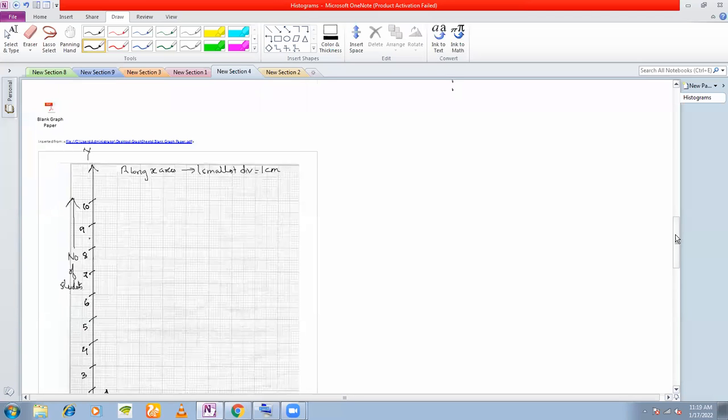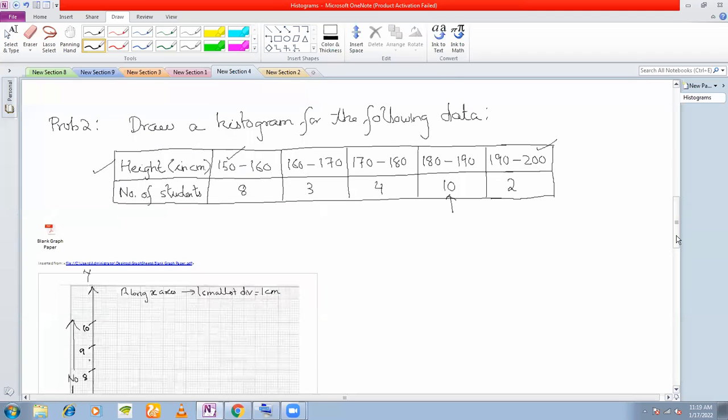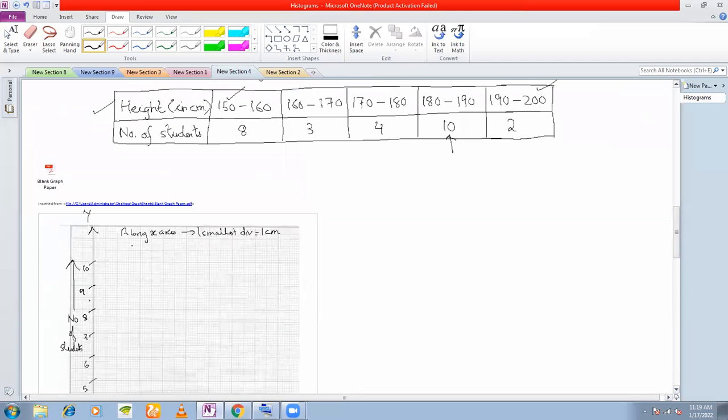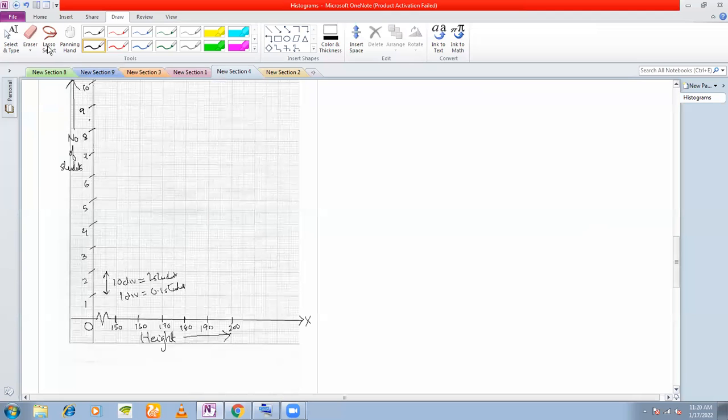And 10 divisions is equal to 1 student, isn't it? That means 1 division is equal to 0.1 student. So we write the scale along the y-axis: one smallest division is equal to 0.1 student. That finishes the scale part.